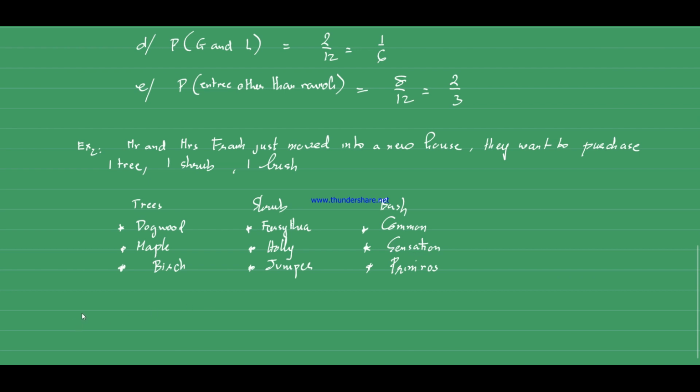Okay, so the question is kind of the same thing. For the first part, we want to calculate the number of points in the sample space. For part B, we want to create the tree diagram. For part C, we want to find the probability of a maple tree. Then for D, we want to find the probability of a dogwood and holly shrub.